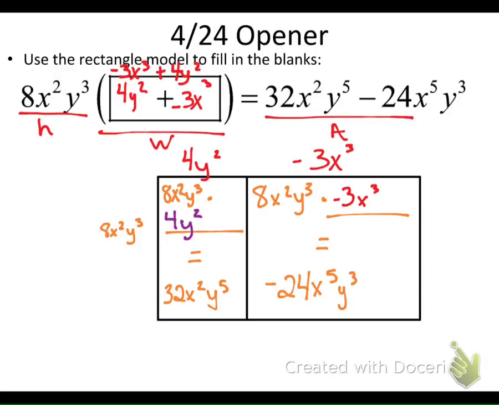Yeah, it seemed like it. Or you could leave it as it's written. So 4y squared plus negative 3x cubed. But if you're going to write it that way, what should you do so it doesn't look as confusing? Put it in parentheses. Put what in parentheses? The negative 3x cubed. Yeah. Thank you. That was a good question because, like I said, I had to look it up.